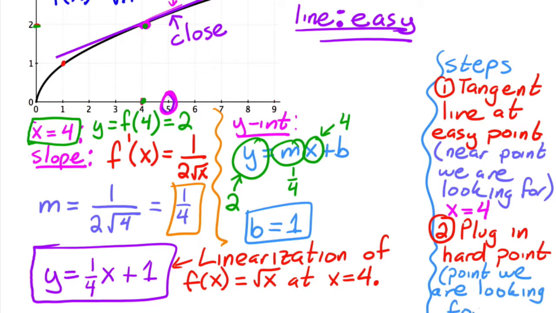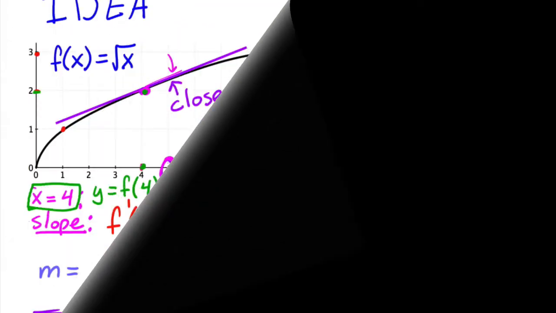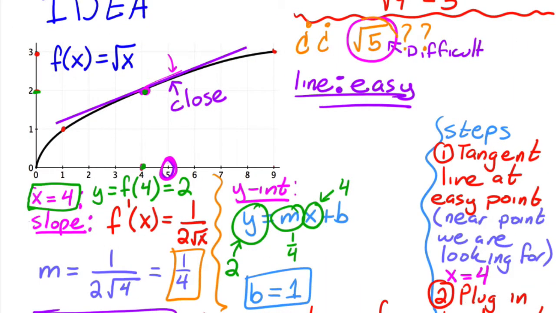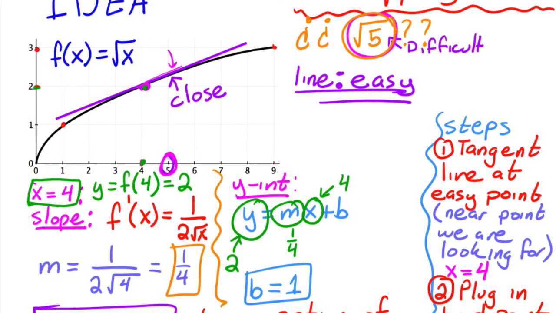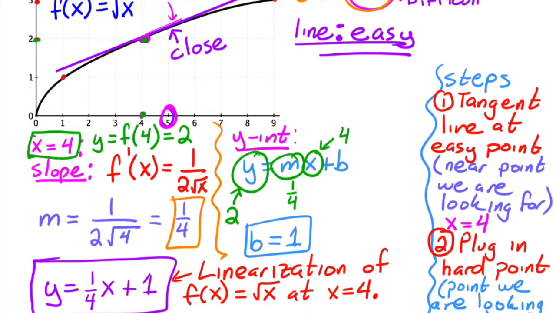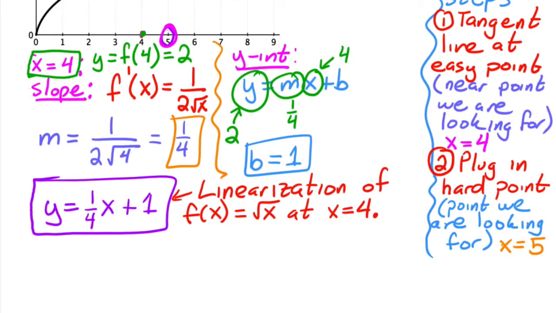In this case, we're looking for when x is equal to 5. And that's from up here. Remember we said that we were looking for the square root of 5. So we plug in the hard point x equals 5 into the tangent line.